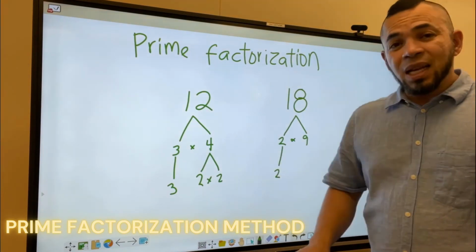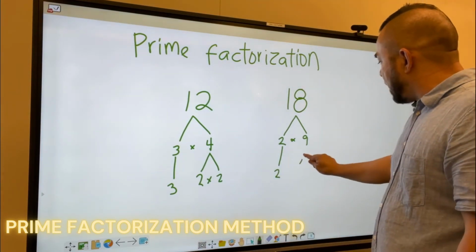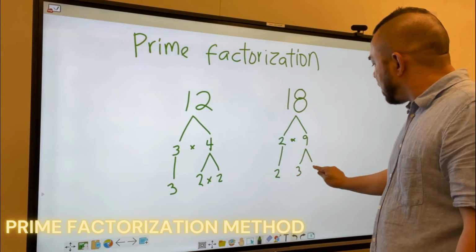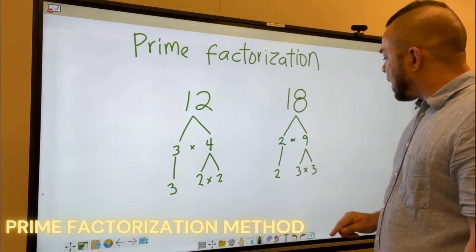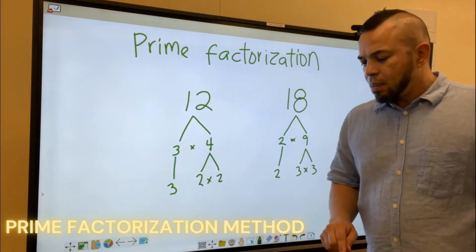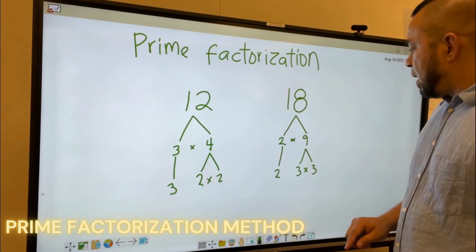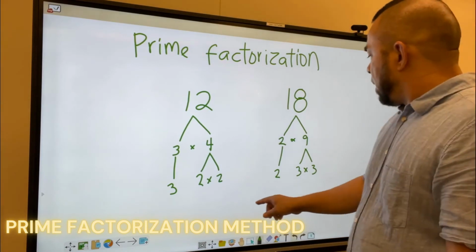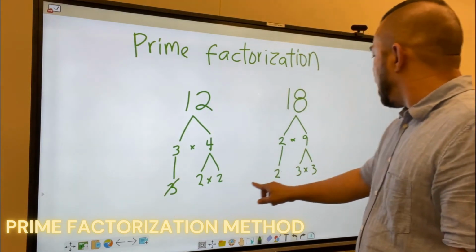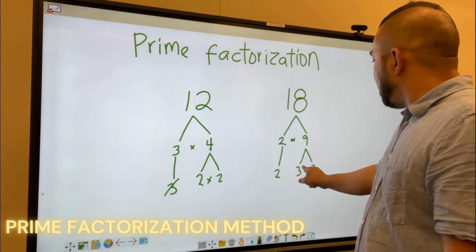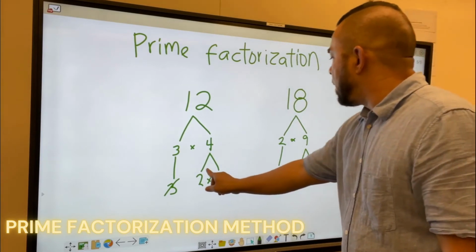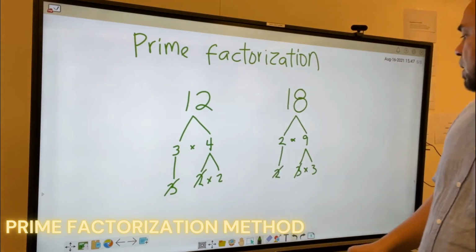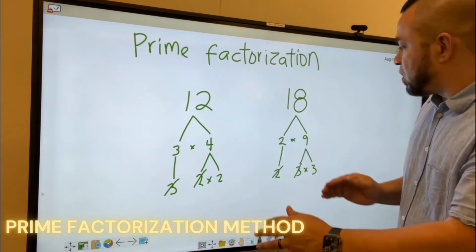But then the 9, can I break it down even more? Yes. I can say 3 times 3. I can say 3 times 3 on that. And so you can see that I can pretty much eliminate the 3 and 3 with the 3 and a 2 with the 2. Okay, so all I'm doing is matching those.